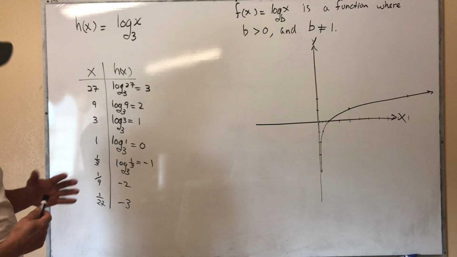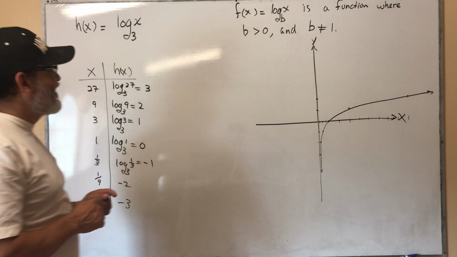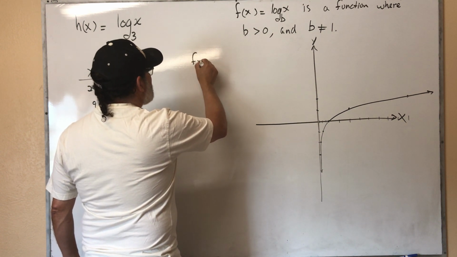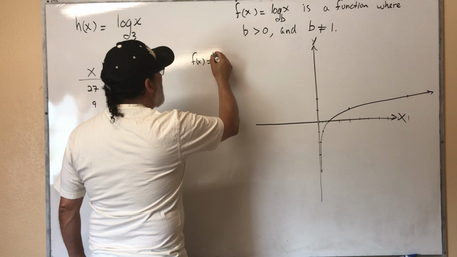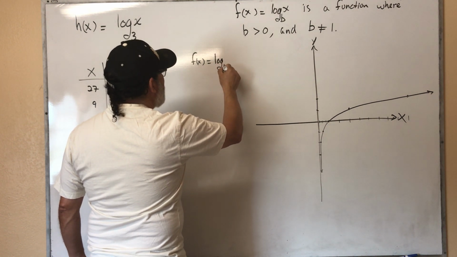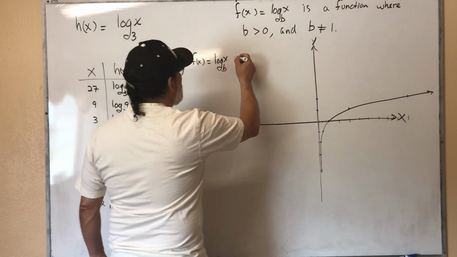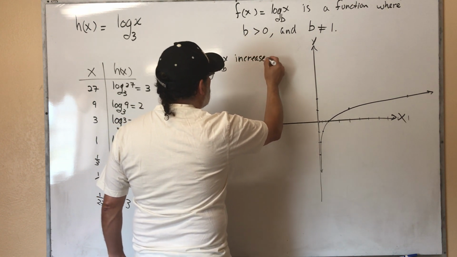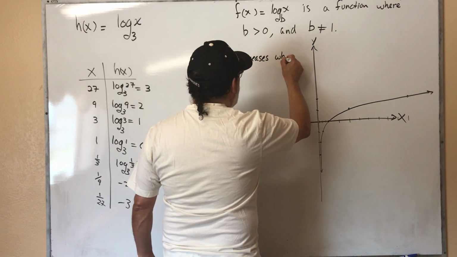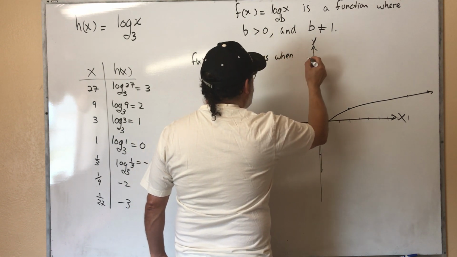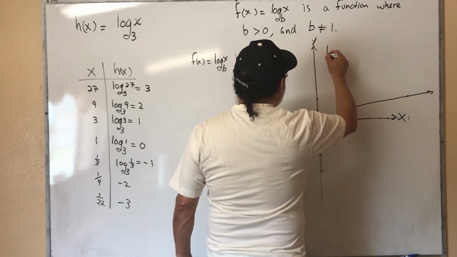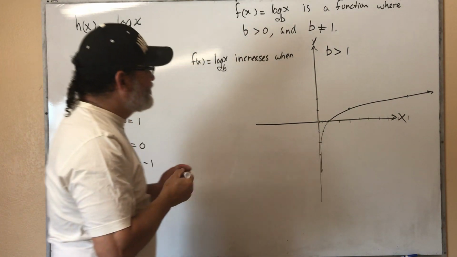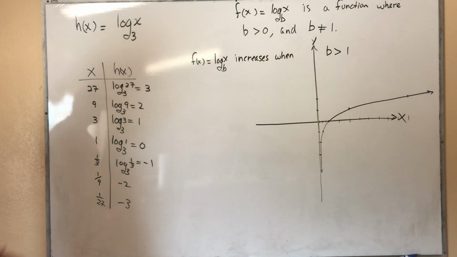So, we should say that. f of x equals log base b of x increases when base is greater than 1.